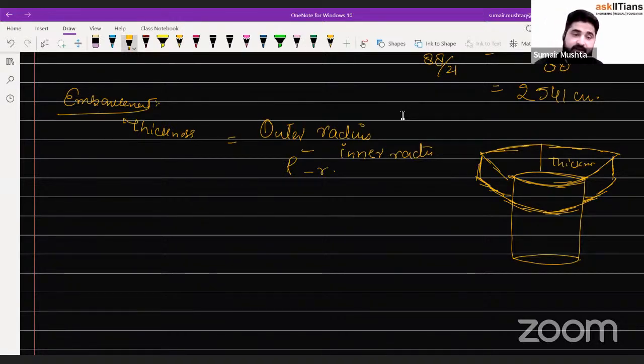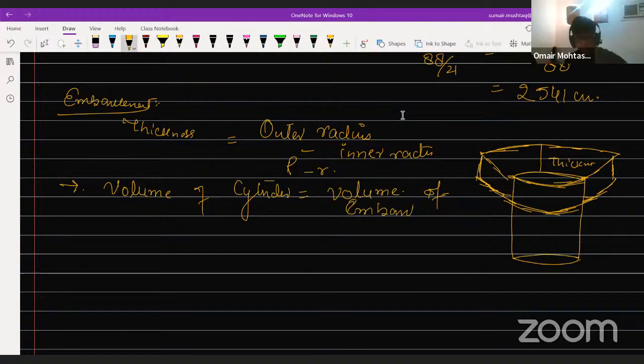And one more thing you need to remember here: volume of cylinder is equal to volume of embankment. Why? Sir, because the thing you dug out, whatever inside the cylinder you take out from it, will be the same that is spread around it. Simple.